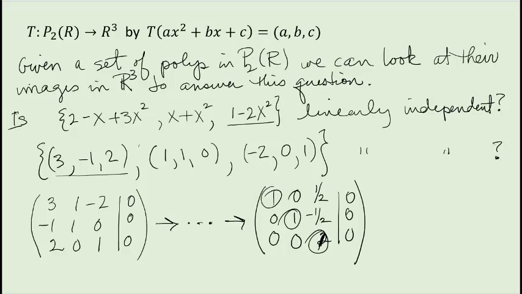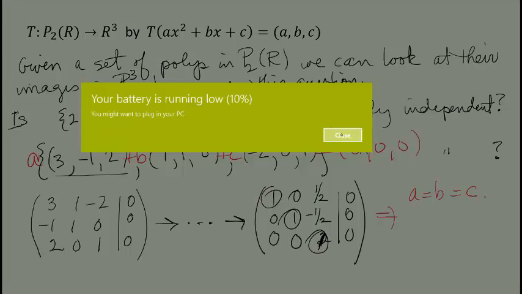So if I had written this as a times this vector plus b times this vector plus c times this vector equals 0, 0, 0, then I now know that a equals b equals c equals 0, and we can say that the vectors are linearly independent.